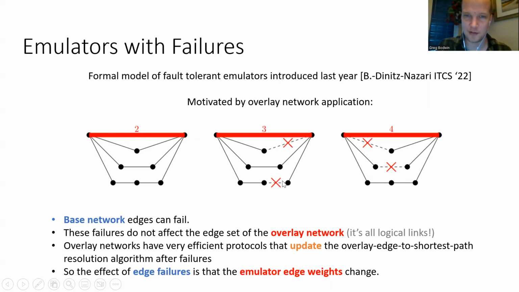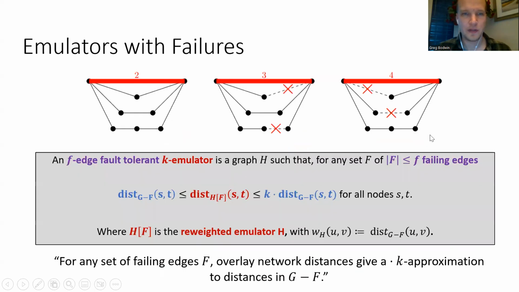Under the two edge failures marked in the middle, the weight of this edge would update to become 3, since after the failures, that's the new shortest path that the edge will get resolved to in the overlay network resolution protocol. And similarly, if these two edges instead were to fail, then the weight of this emulator edge would get updated to 4.